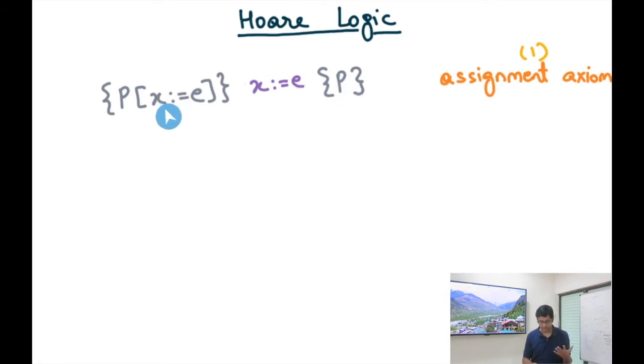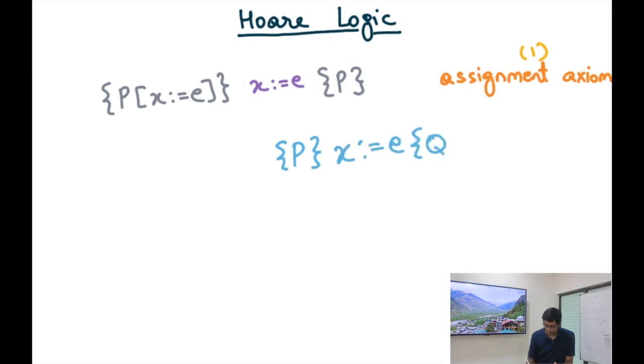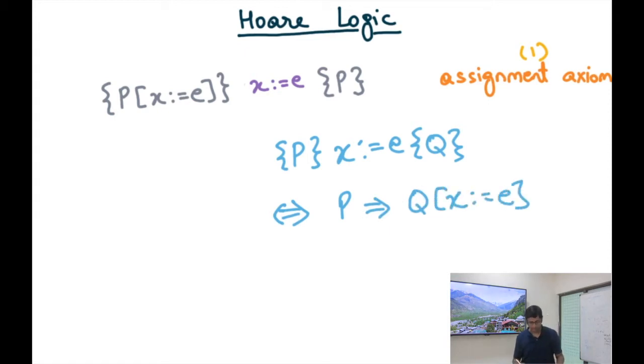Notice that earlier our way of specifying this property was something like this. We would say p x colon equals e q, and this is equivalent to saying that p implies q such that x has been replaced with e. But this time I'm not using this.